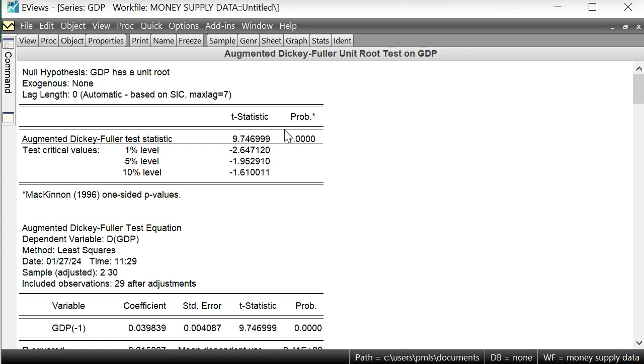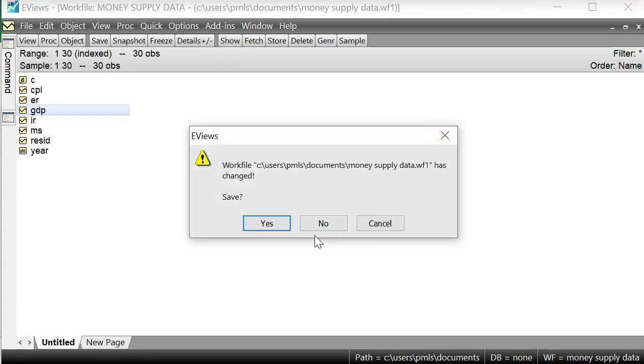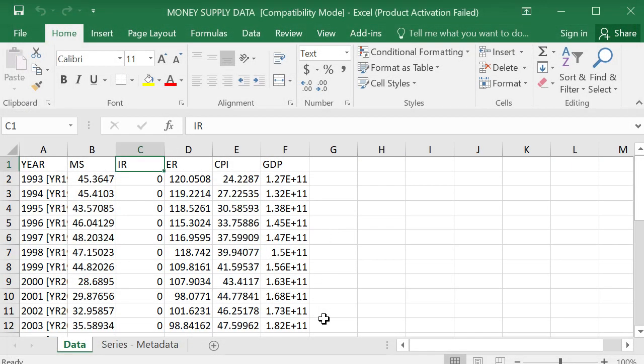In this case our probability is greater than 0.05.